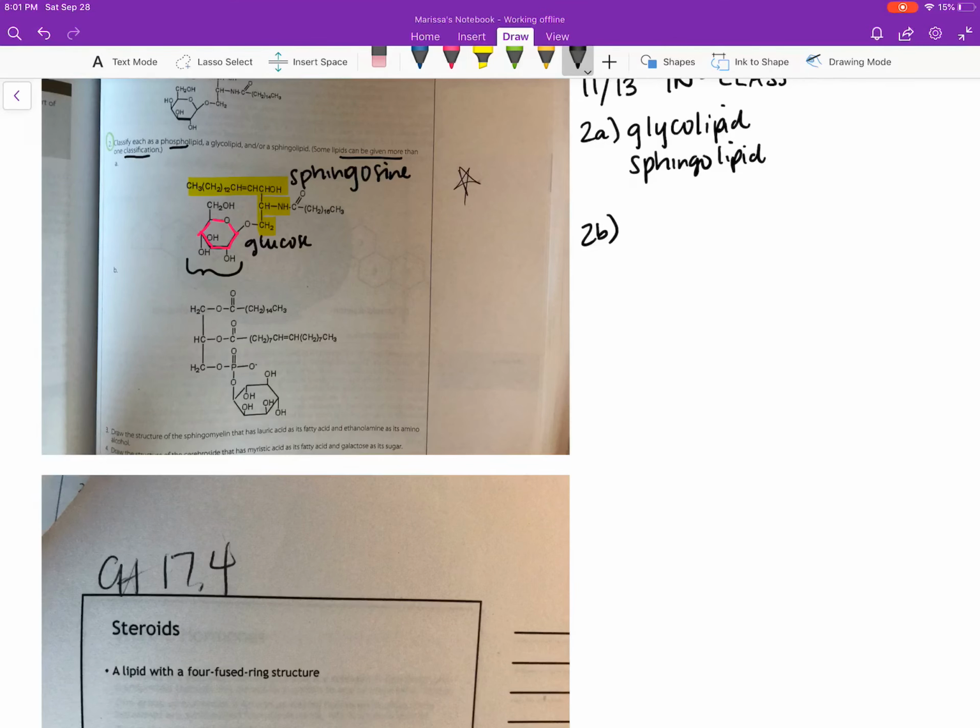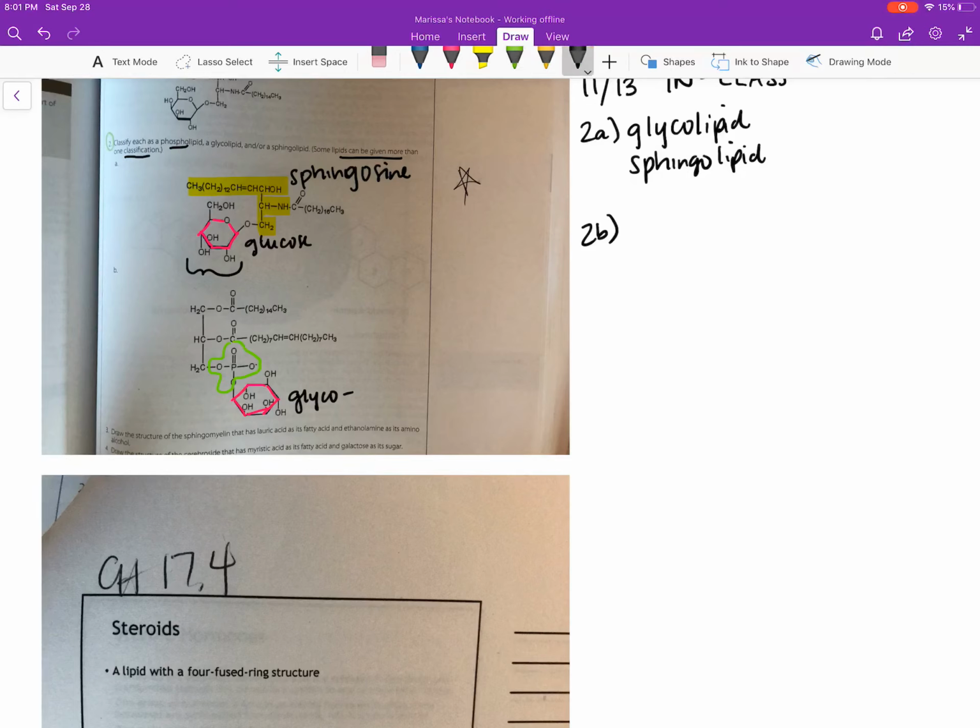All right, the next one. So the next one, let's see, we're going to start off. And if I look here, there is also a glucose unit. It just is written the other way. So we're going to say that this is a sugar, so this is a glyco. And then I also see here that we have this phosphate group.